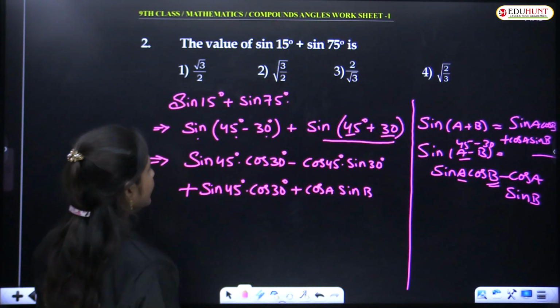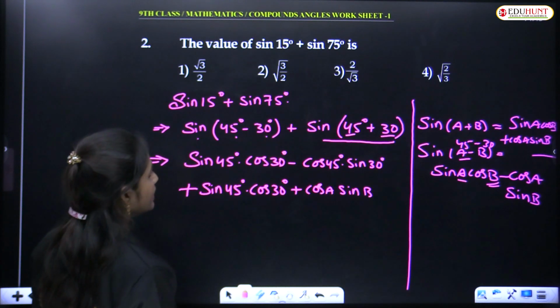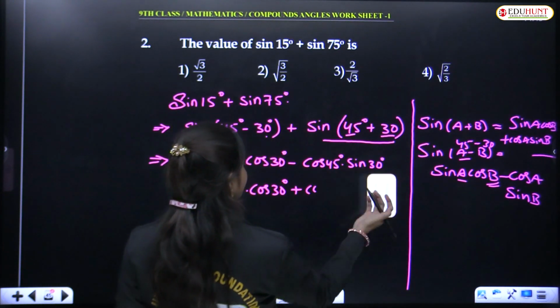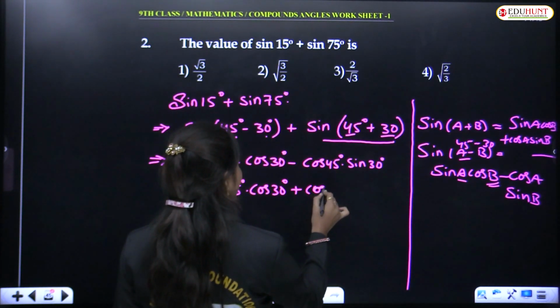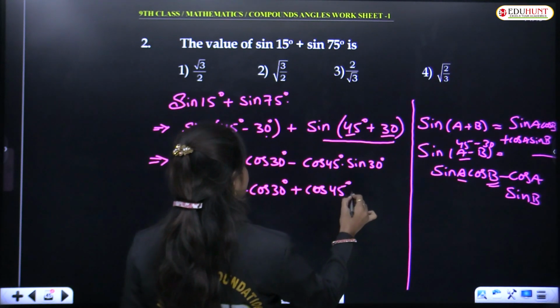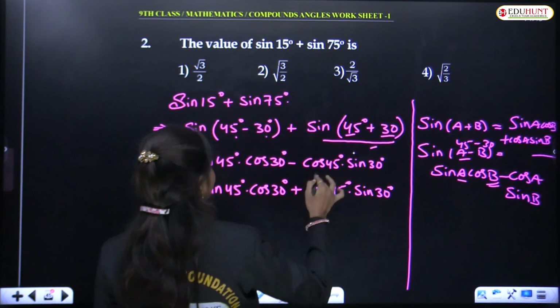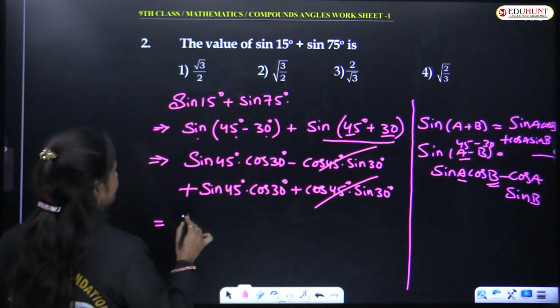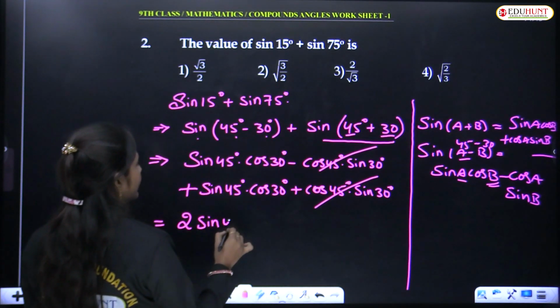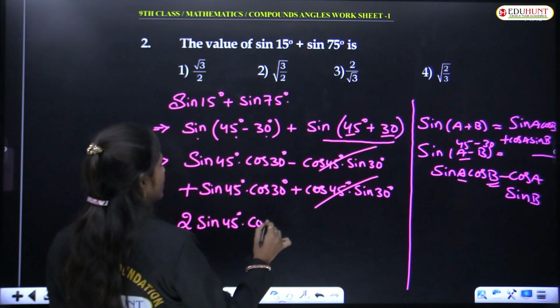Okay, so any cancellations here? Cos 45 degrees sin 30 degrees. These two get cancelled. So 2 sin 45 degrees and cos 30 degrees.